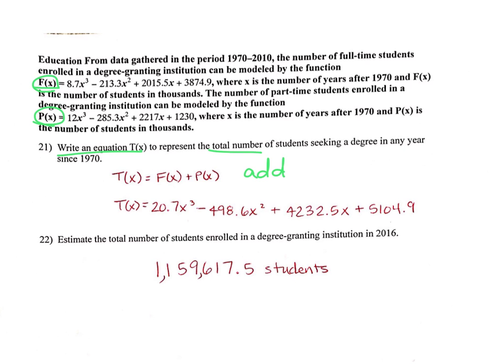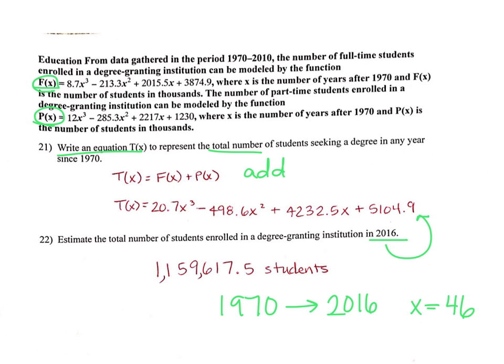Question 22 is asking for us to figure out the total number in 2016. So I'm going to use my equation right here, and all I have to think about is what do I use for x? Well, if the starting year is 1970, and now I want to know about 2016, if I subtract those, that's going to tell me I need to use an x value of 46.